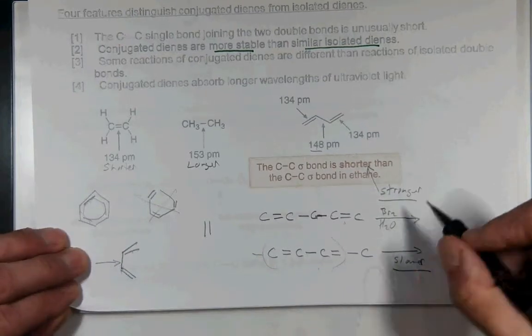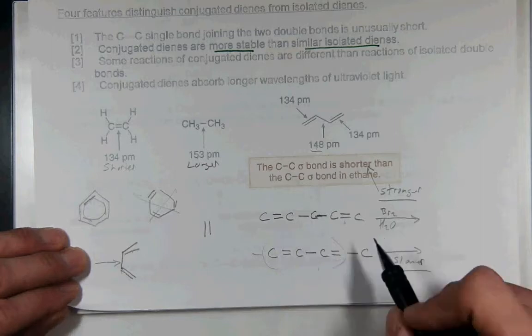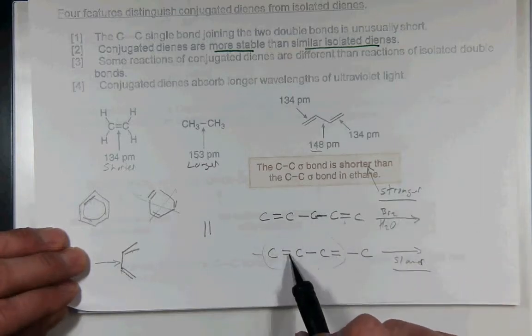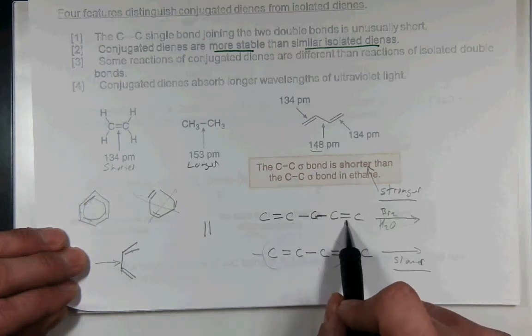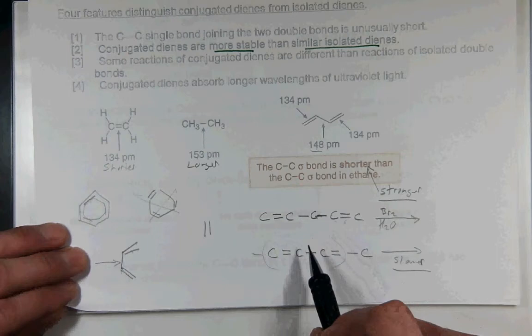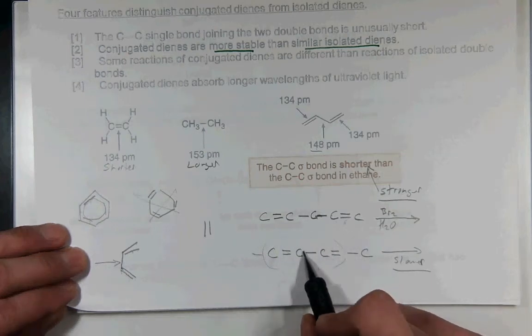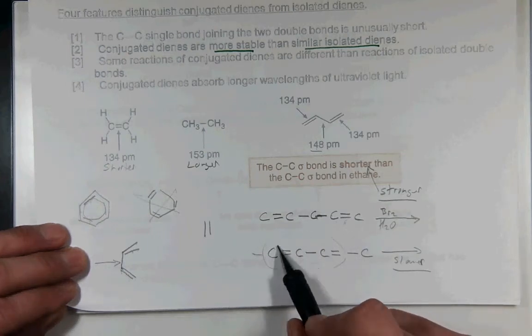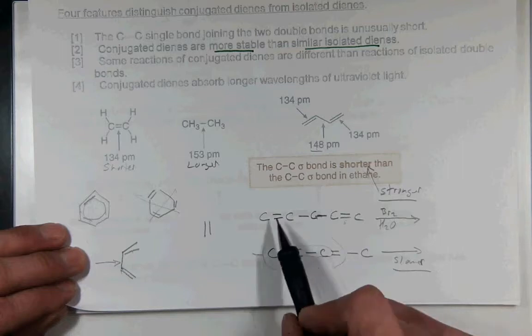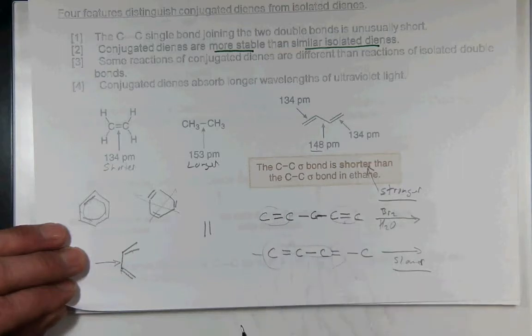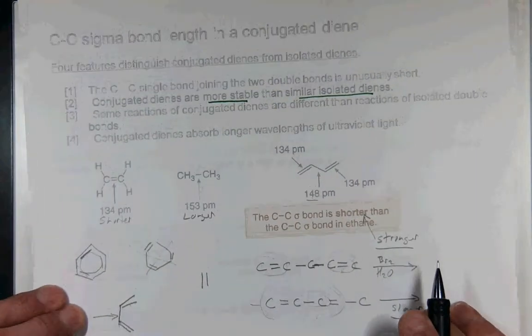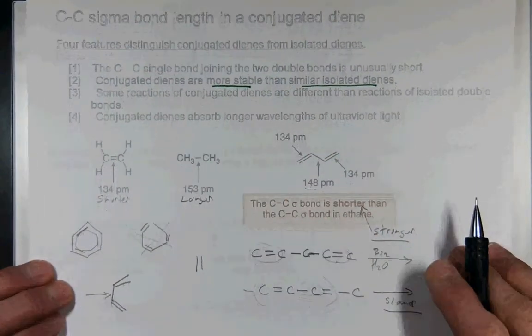It's more stable, because double bond character is not as strong in a conjugated system as in an isolated system. The electron cloud here is smeared out over all three of these atoms, whereas here it's just isolated here and here. So that's what they're referring to as being more stable.